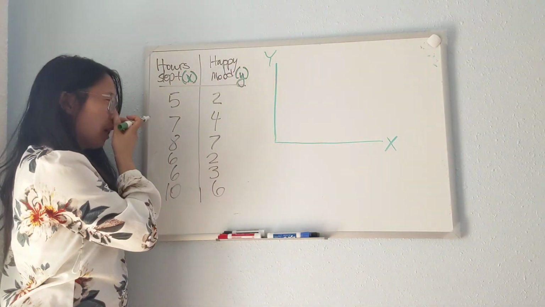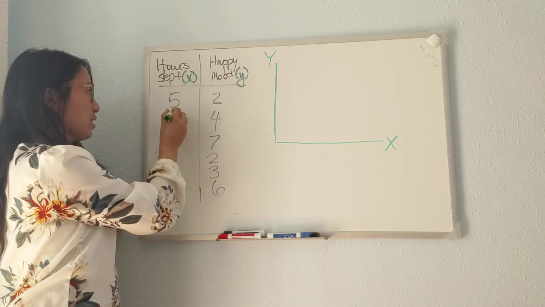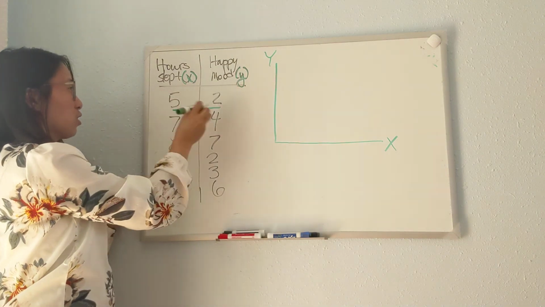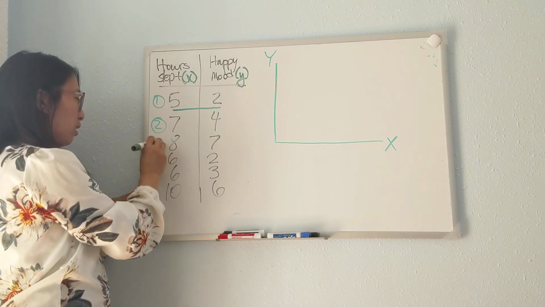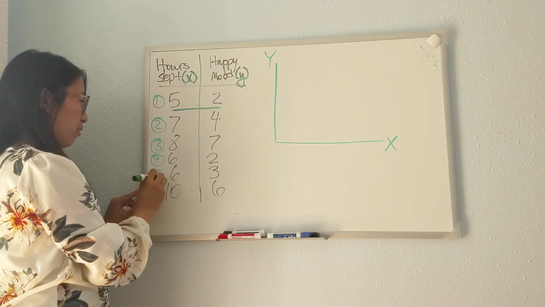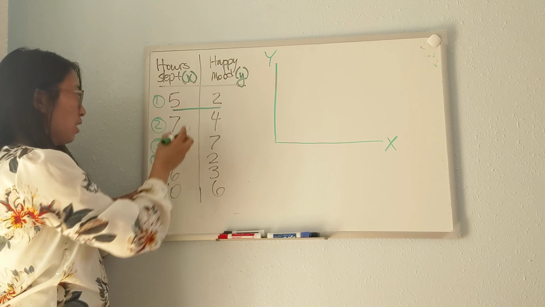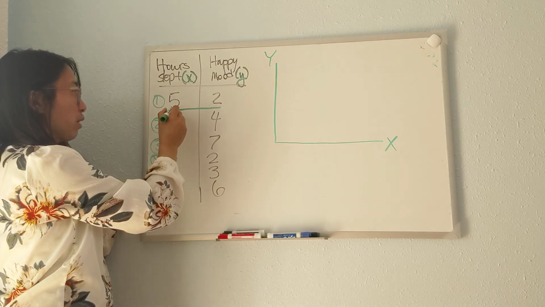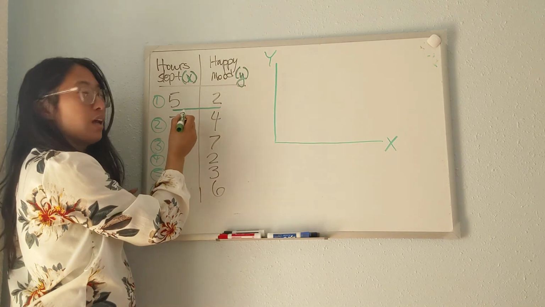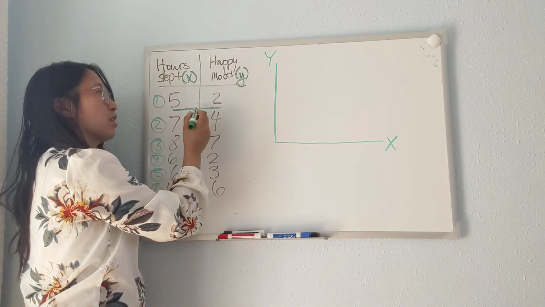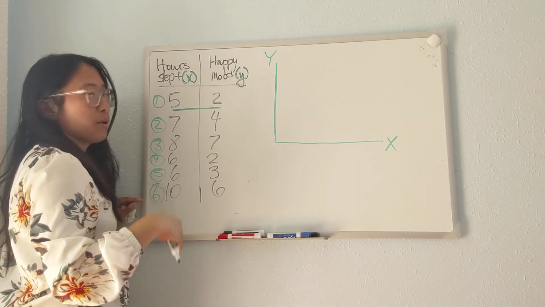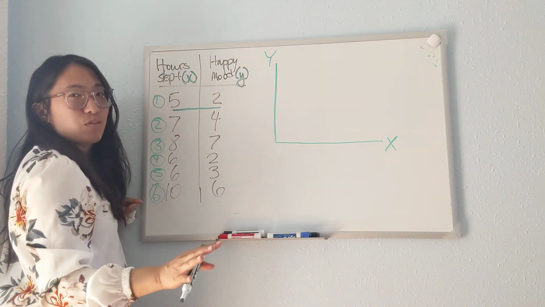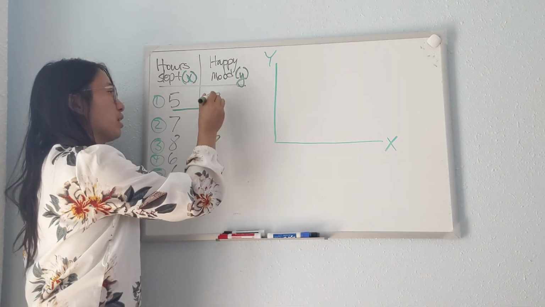Each one of these is one participant, so participant 1, 2, 3, 4, 5, 6. For the first participant, they slept 5 hours, and their mood is rated on a scale of 1 to 10, 1 being unhappy, 10 being very happy. They rated a 2.